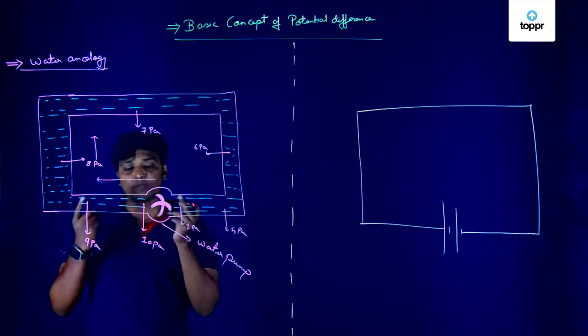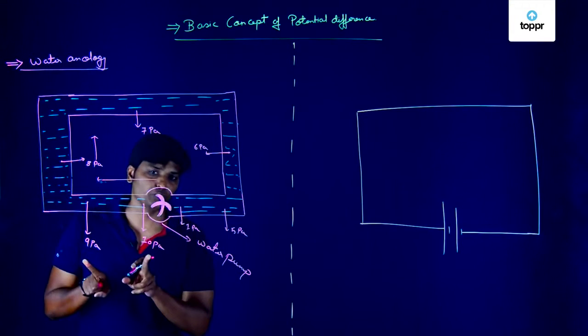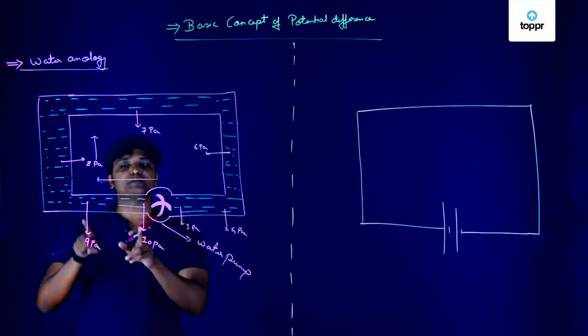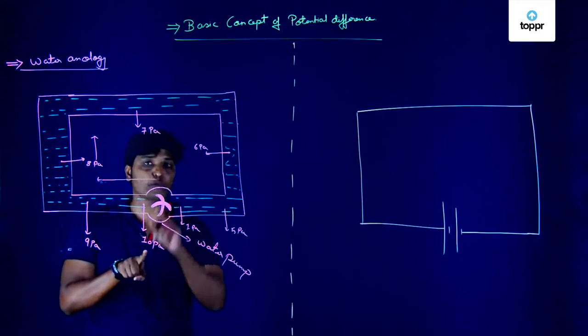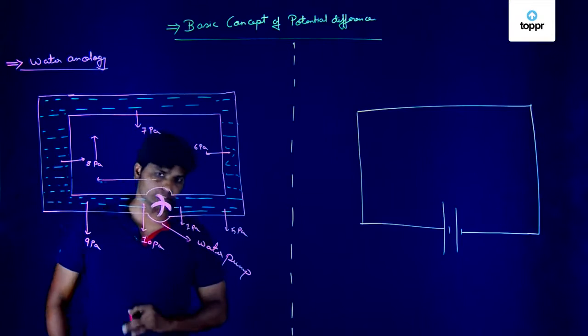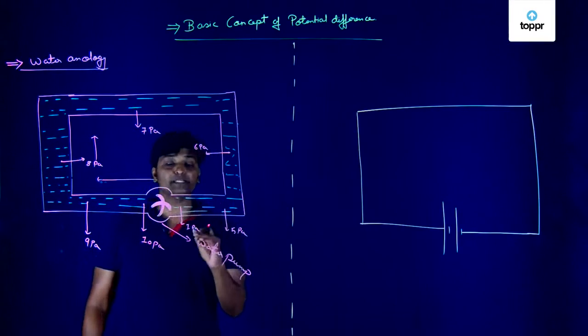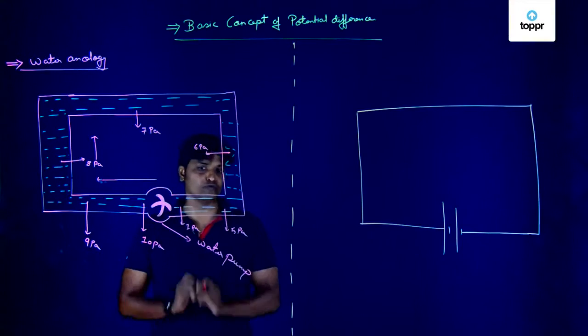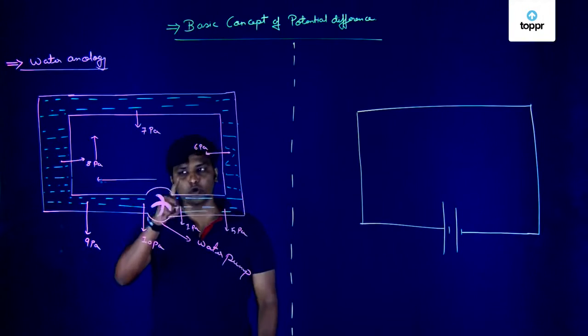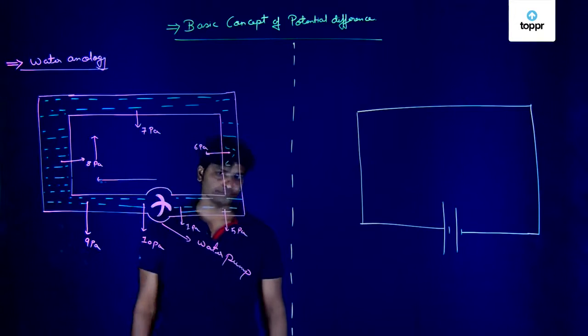What is the difference of the pressure between these 2 points? 1 Pascal. What is the difference in the pressure between these 2 points? 1 Pascal. What is the difference in the pressure between this point and this point? 3 Pascals. So that means there is a pressure difference across the entire pipe, because of which and only because of which the water can flow throughout the pipe.